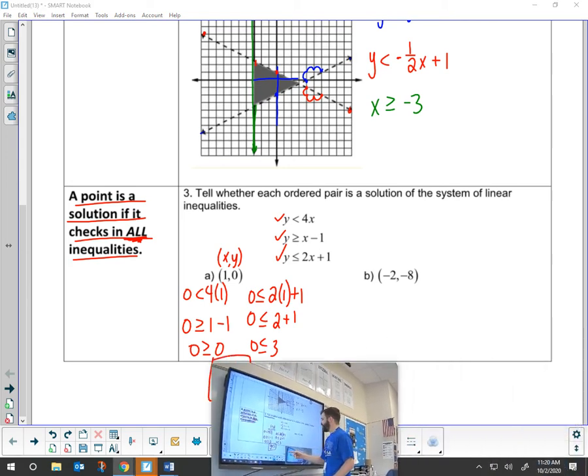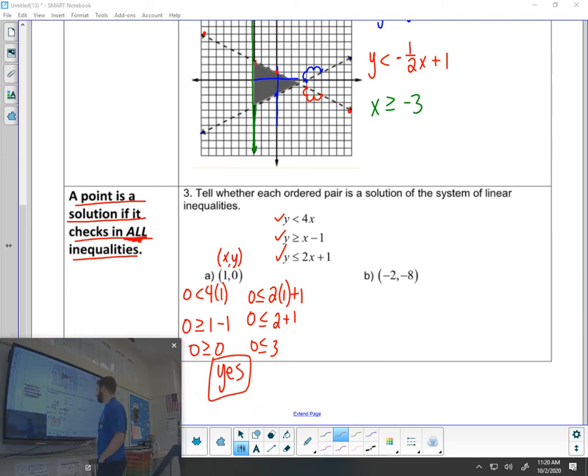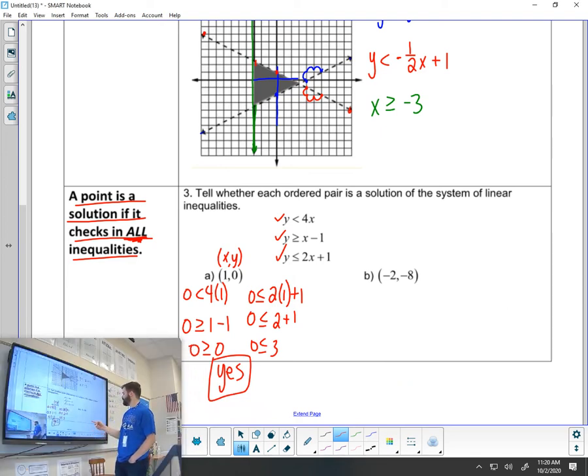Okay, now let's try out this b over here. All right, so this b, we have -2, -8. Let's plug this in. I'm going to switch colors so we can have plenty of space to plug in. So I'm going to go -8 for y is less than 4 times -2. Okay, 4 times -2 is -8. Oh, is -8 greater than -8? No, it's equal.